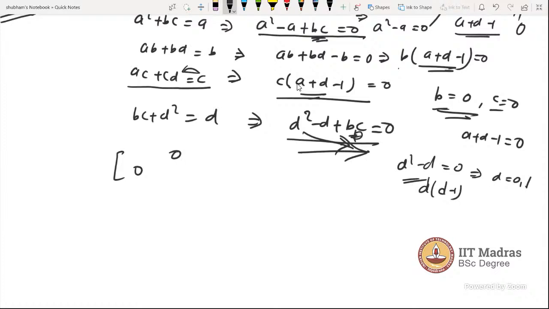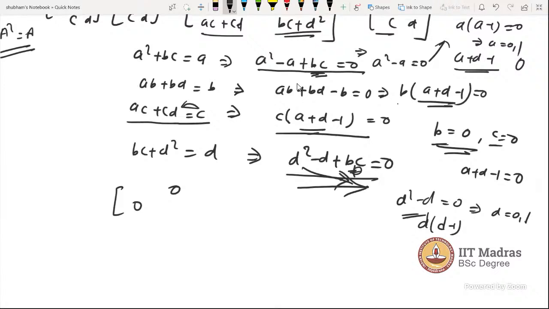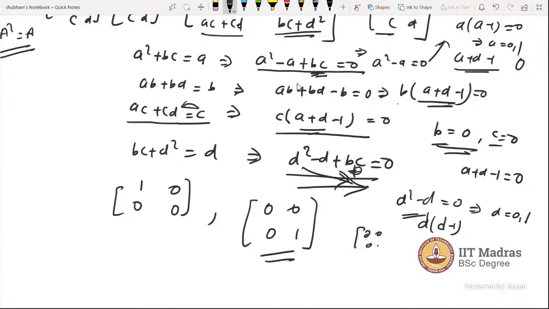So now you can guess the entries, like you can vary the numbers, like here you can substitute 1 and D 0, or 1 here 0, 0, 0, 1, this will happen. The 0 matrix is also here, and identity is there.